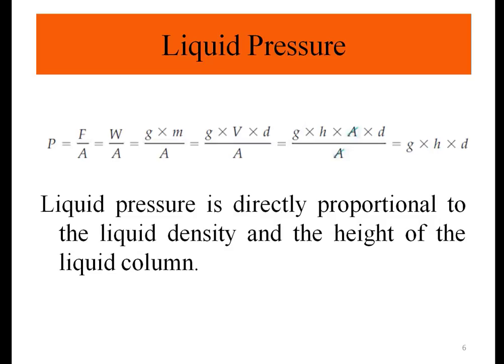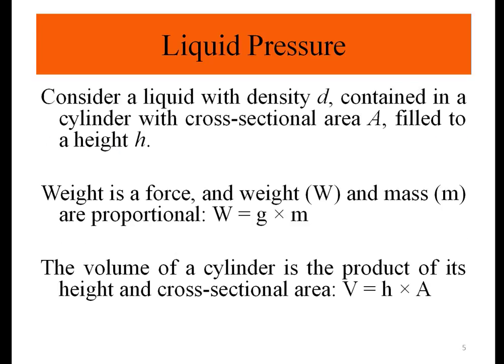So it's going to be G times V times D. Again, volume times density gives us mass, divided by A. And V, the volume of the liquid, is the product of the height of the liquid and the cross-sectional area of the container: V is equal to H times A.